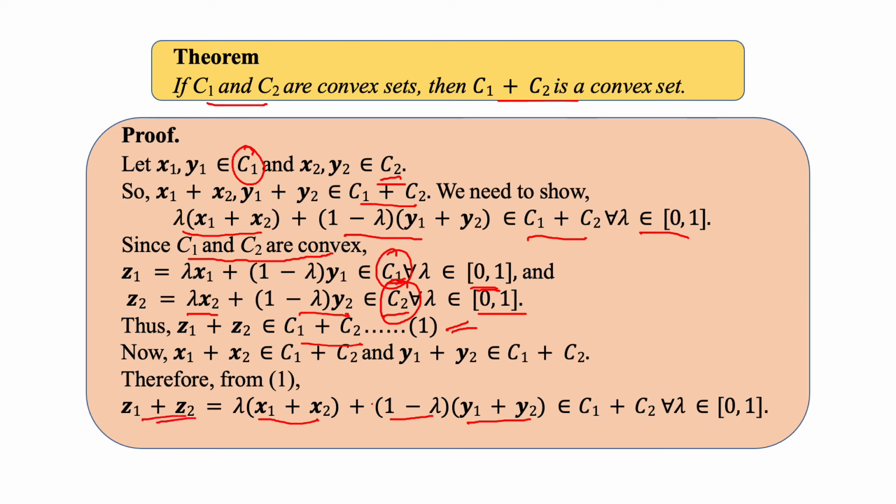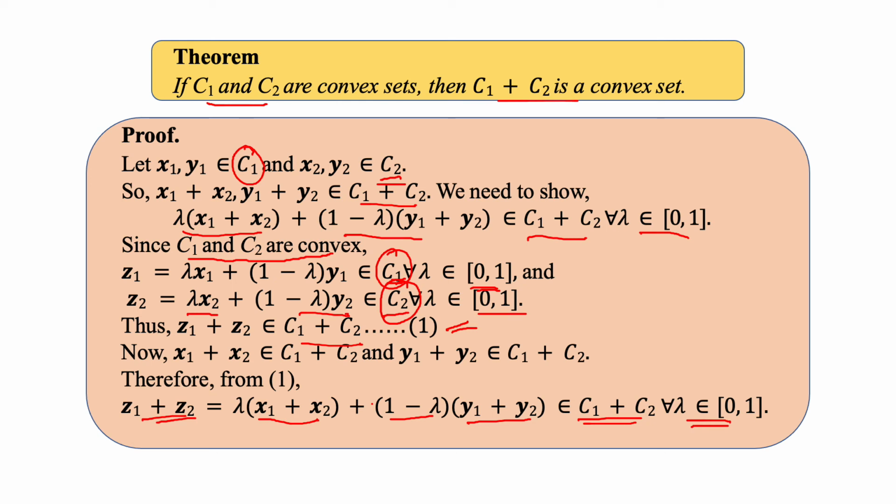And since z1 plus z2 belongs to C1 plus C2, then what we get is that the vector on the right hand side also belongs to C1 plus C2 for all the lambdas in the range 0 to 1.